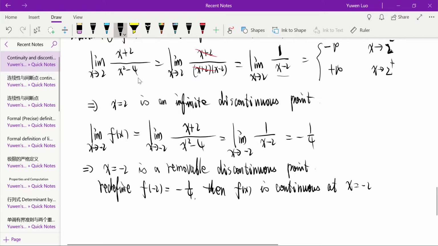That's the first one. The second one, f(x) equals (x squared plus 6x plus 9) over the absolute value of x plus 3.